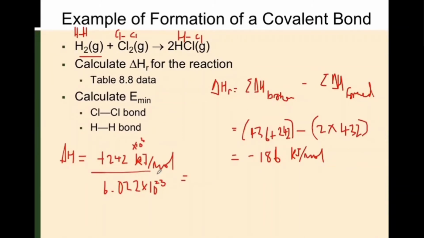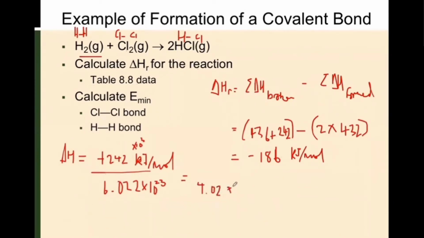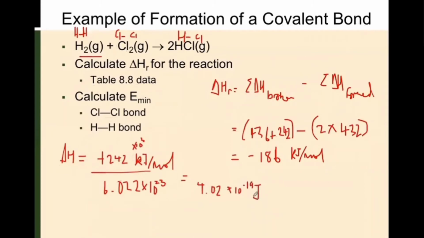Divide that by 6.022 times 10 to the 23 gives us a value of 4.02 times 10 to the minus 19 joules. Okay. And that's going to be E-min for the chlorine bond. Shouldn't be delta H. It should be E-min.